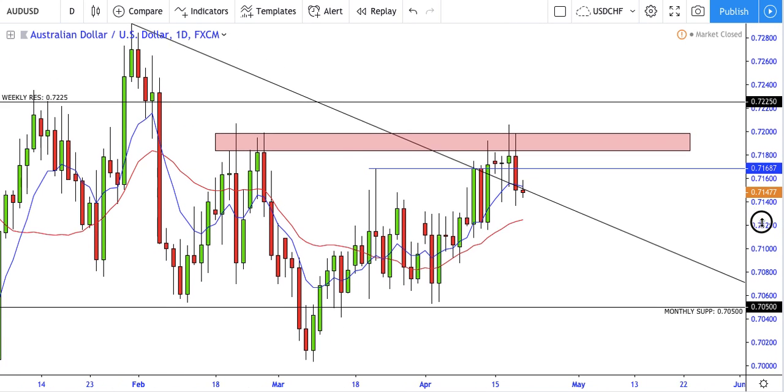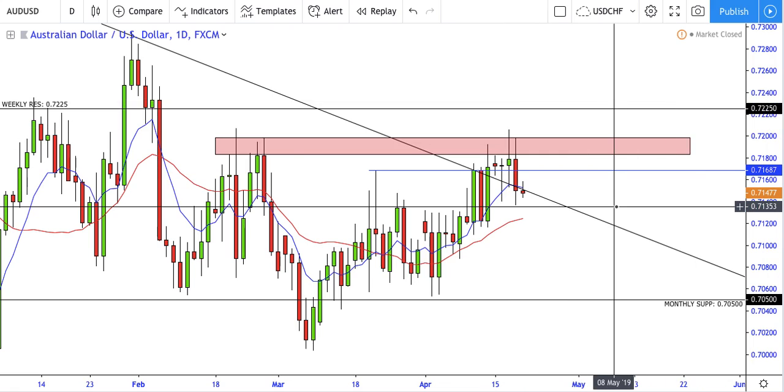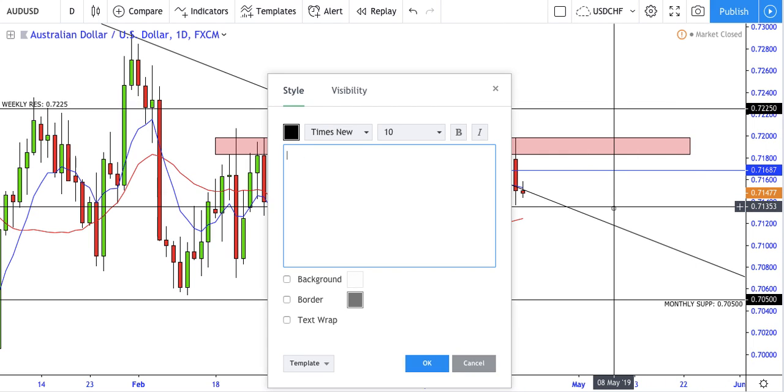Okay, so before I continue on, let me just write down the confluences that I already have. So we have the weekly bearish pin bar. We have the daily engulfing pin bar being formed. We have a rejection off of the liquidation zone.